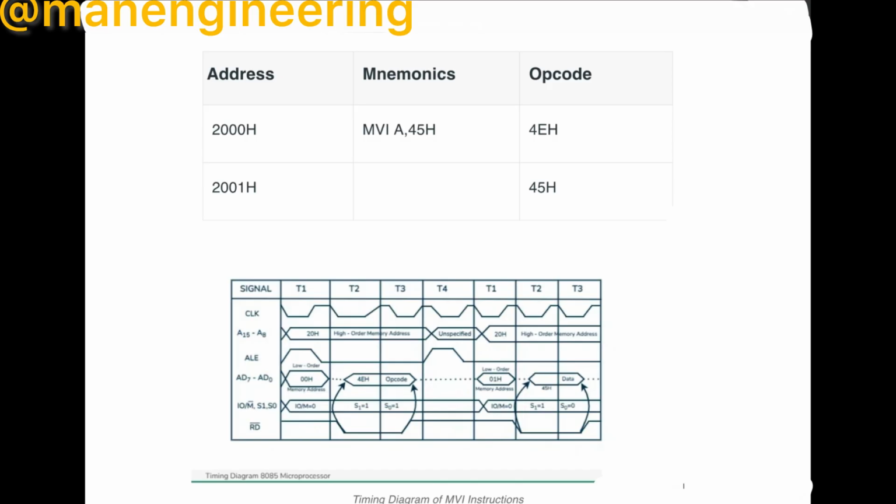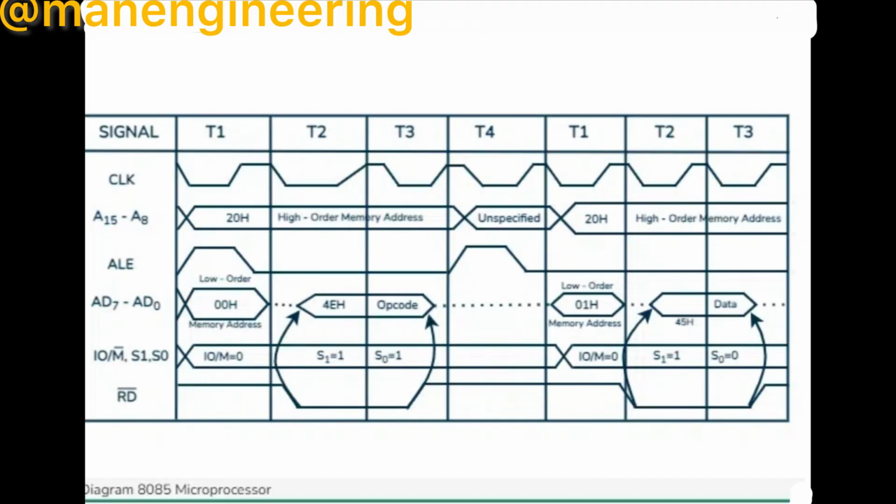Then read data 45H from memory 2001H, memory read. Tabulation is shown on that page: address, mnemonics, opcode. The mnemonics of the instructions are very important. The timing diagram of the 8085 microprocessor is shown in the figure: first 4 states and second 3 states.